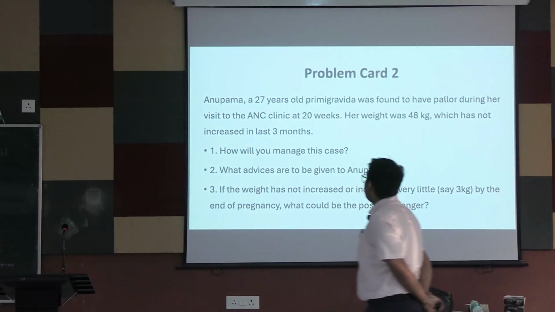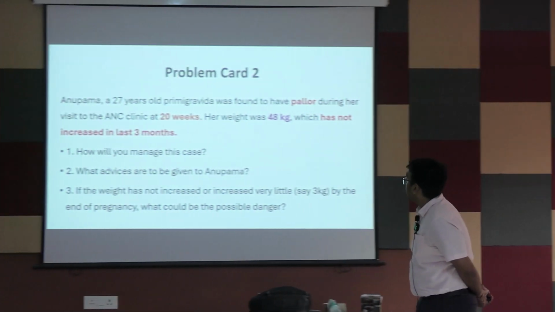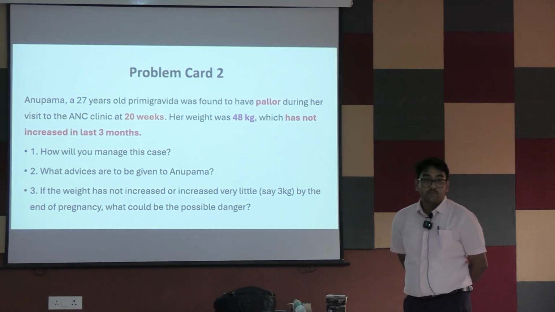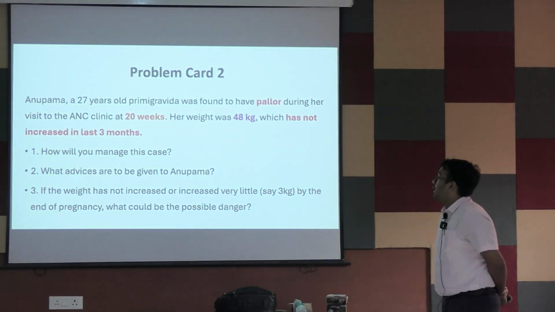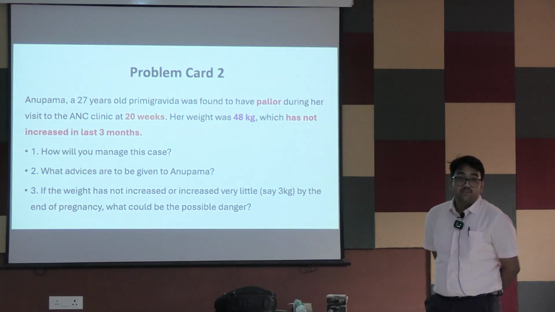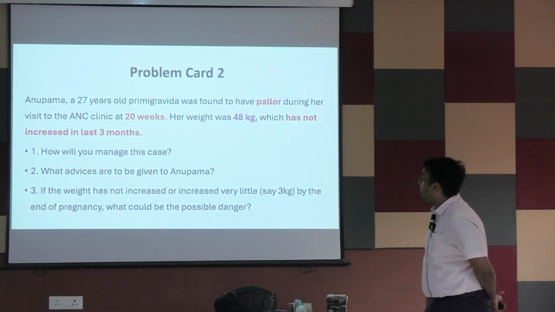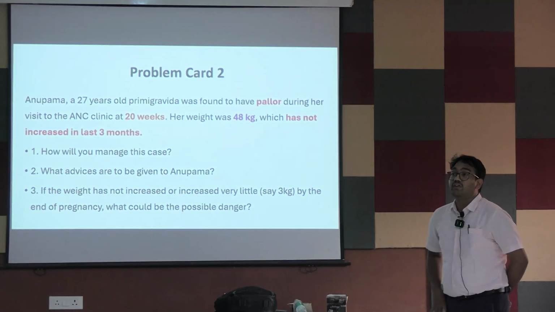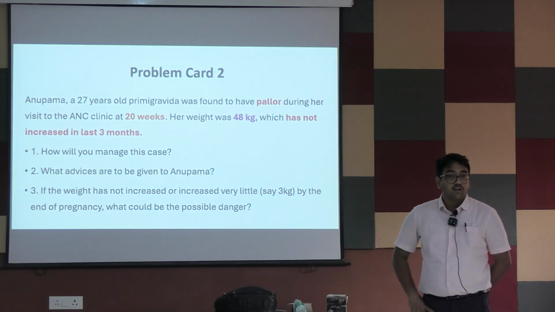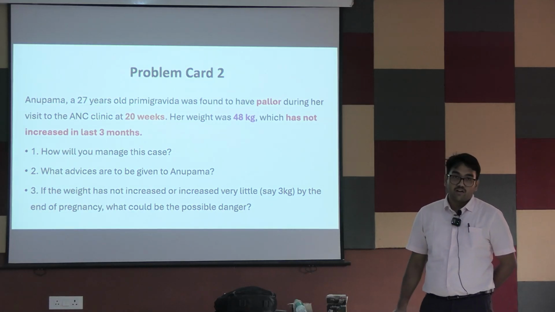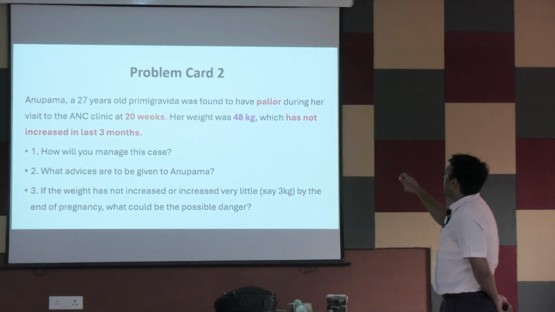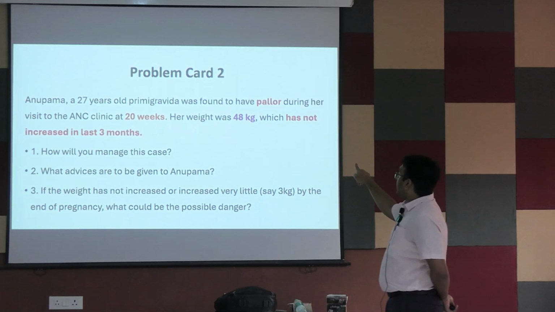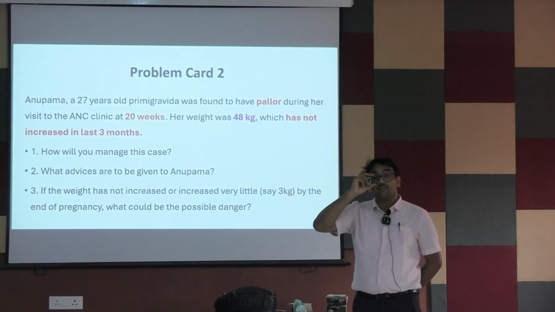So here what they are saying, so what are the important points in this? That she is a premigravida, 27-year-old, but she has pallor. She has come for ANC visit at 20 weeks, but despite coming at 20 weeks, so by 20 weeks she should have had at least 4 to 5 kilograms of weight gain, but she has not had that, isn't it? So her weight is 48 kg, which has not increased in the last 3 months.